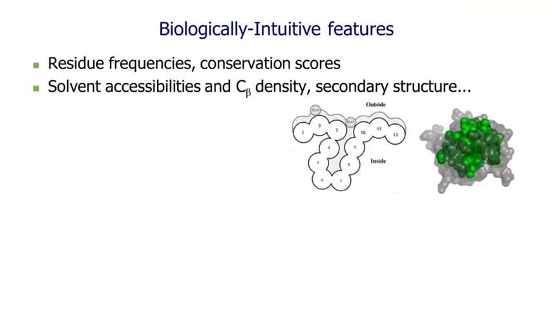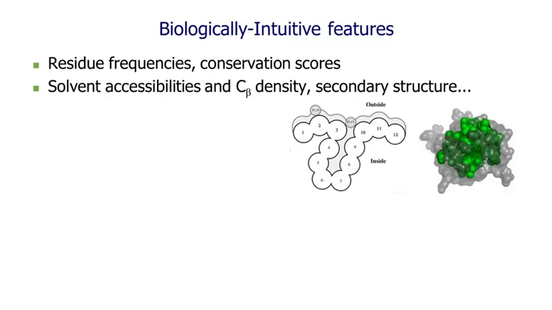SAPRED also used similar sequence-based features as SIFT and PolyPhen, including residue frequencies and conservation scores. It also used similar structural-based features as PolyPhen, including solvent accessibility, C-beta density, secondary structure, and so on.